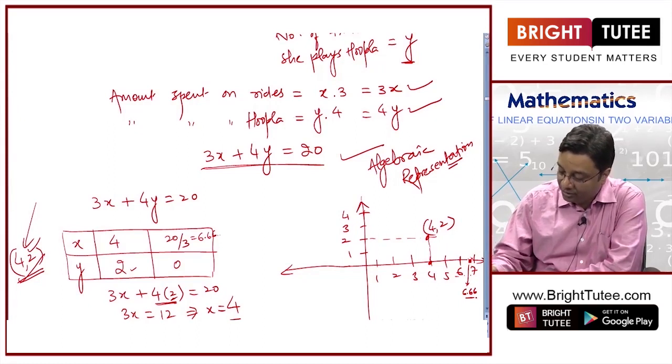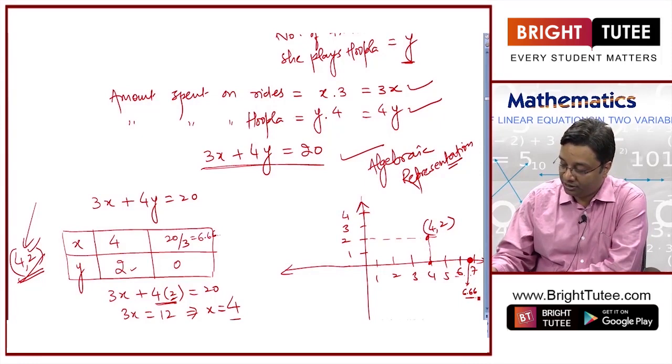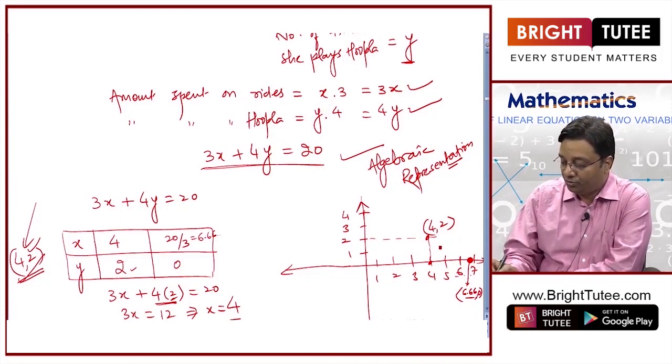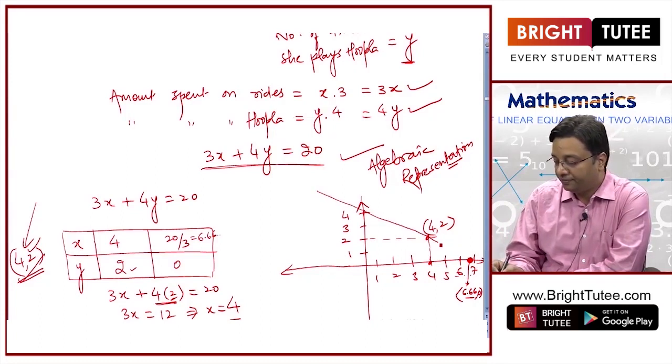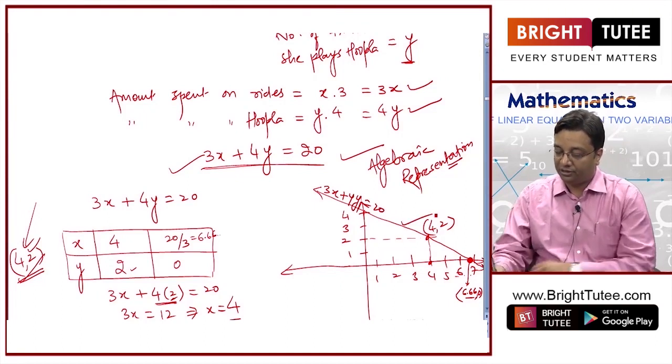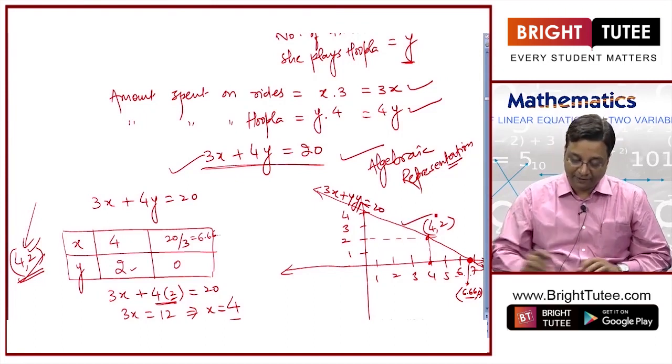So this is the point that we are talking about, (6.66, 0). It is a little more difficult to represent, but now that we have got 2 points here, we can simply draw the graph, or we can represent this graphically like this: 3x plus 4y is equal to 20. So this is the graphical representation here.